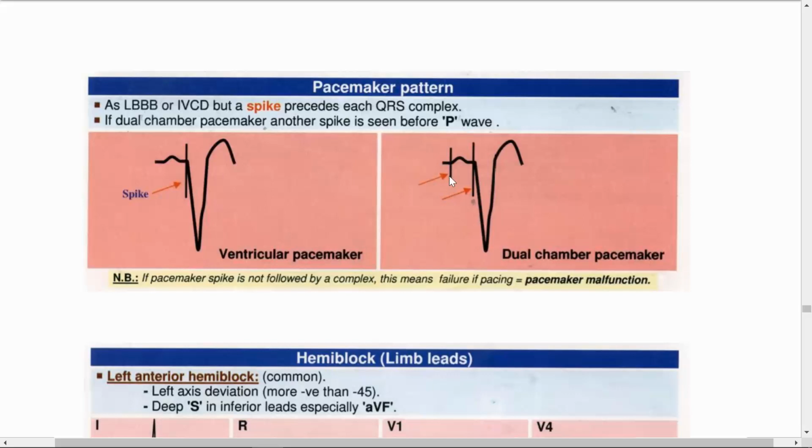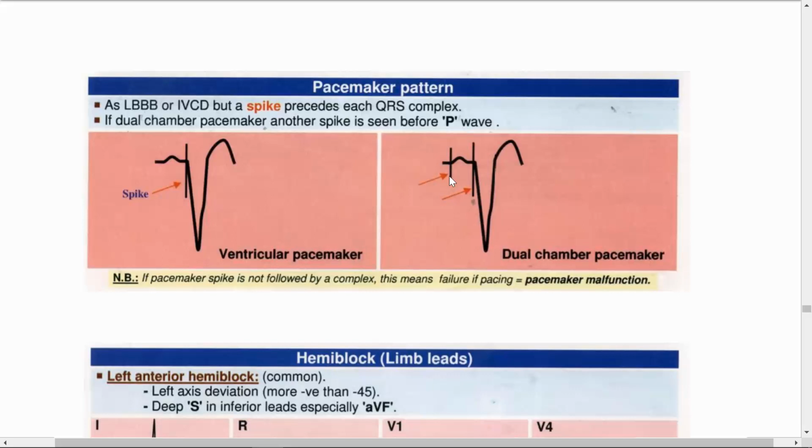We have mainly three letters for the nomenclature of the pacemaker. The first letter is for the pacing, from which chamber, either atrium or ventricle.